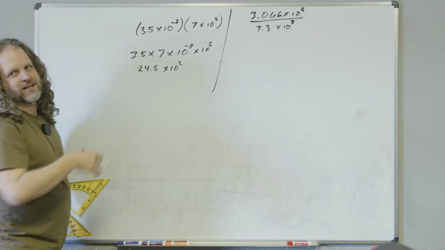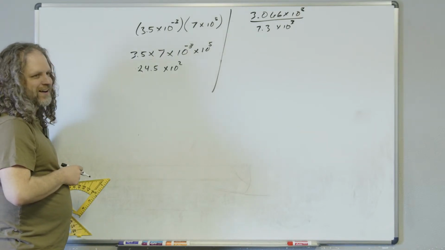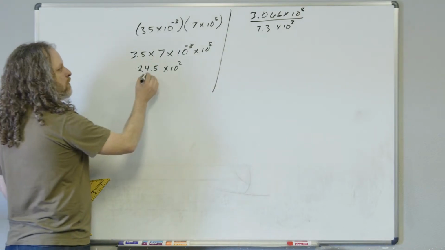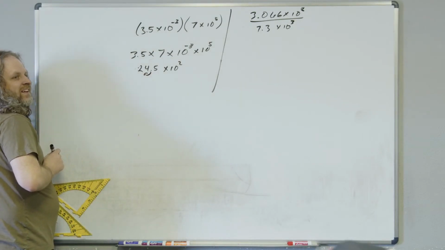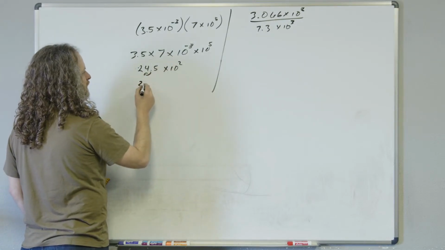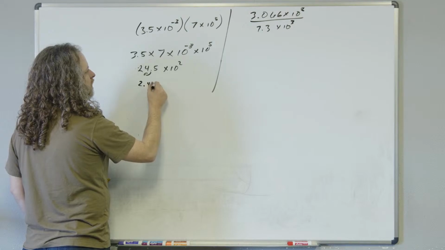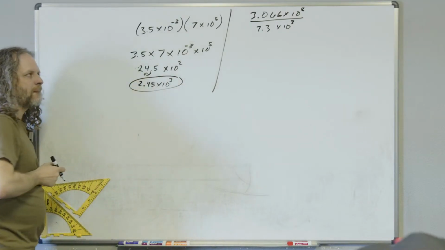This is not correct scientific notation, is it? No. What do we need to do to make it correct scientific notation? We need to move the decimal point over, which is going to do what to the exponent? It's going to add one because we made the number smaller, so we're going to multiply times something bigger. 10 cubed. So that's actually what the answer is, right?